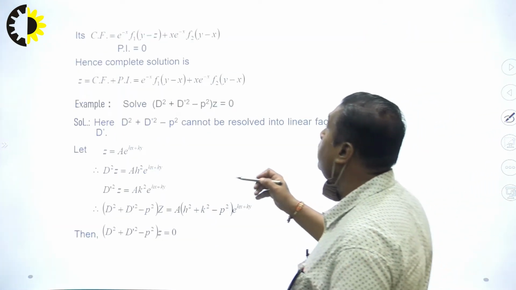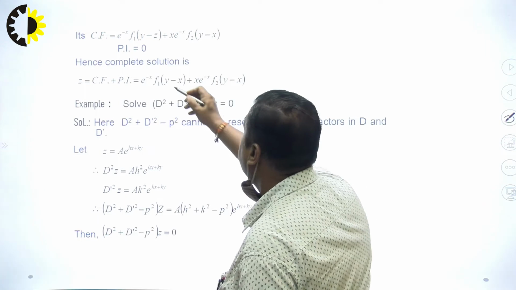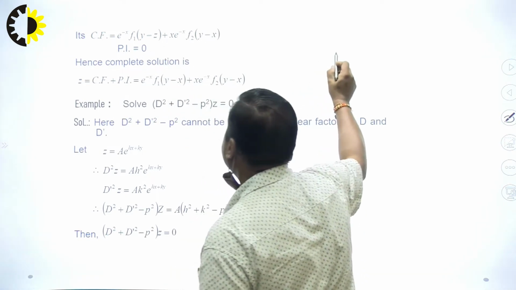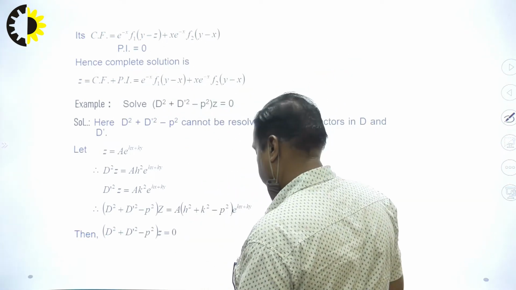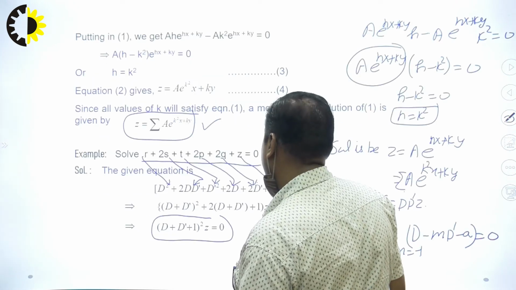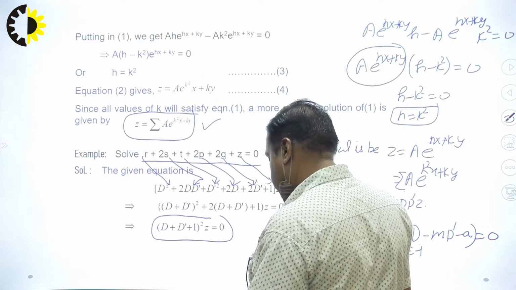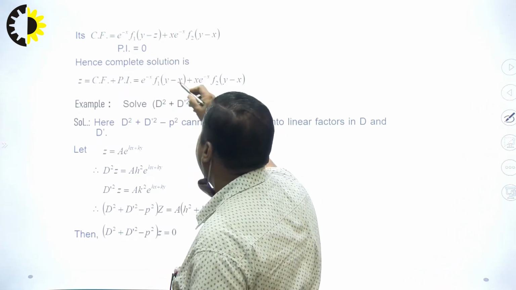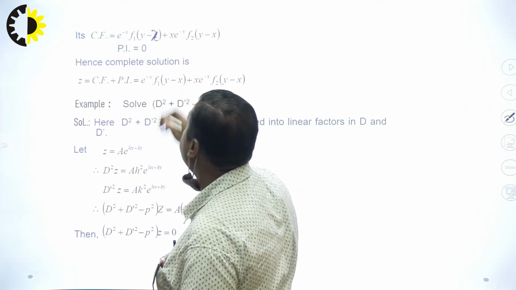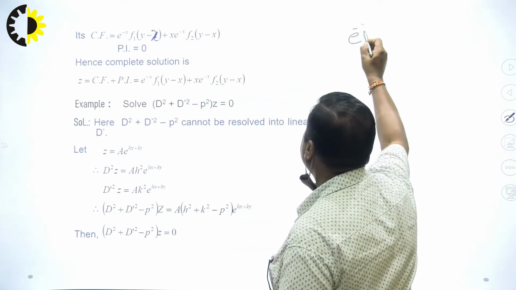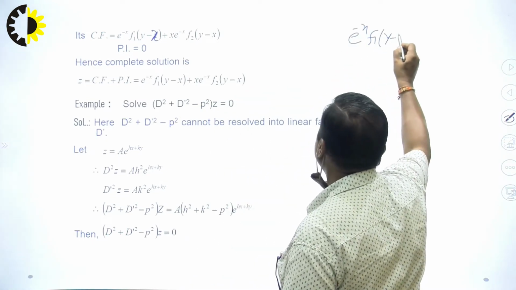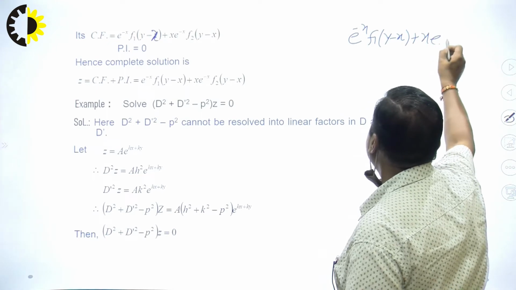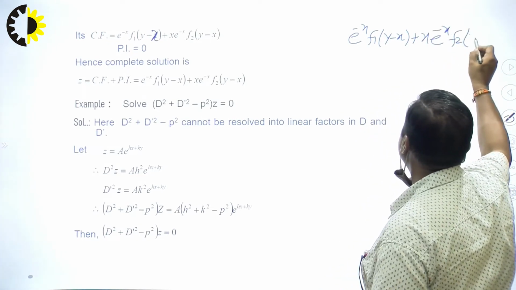Therefore, the solution becomes, CF becomes e^(−x), and the solution is e^(−x) f1(y − x) plus x e^(−x) f2(y − x).